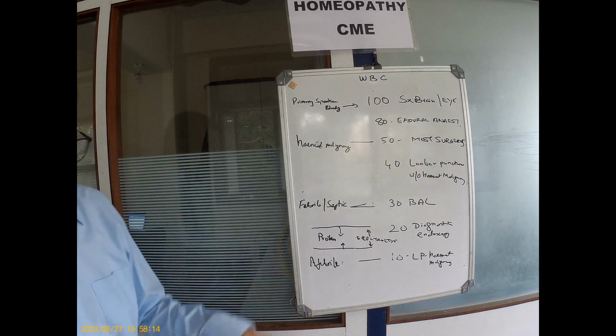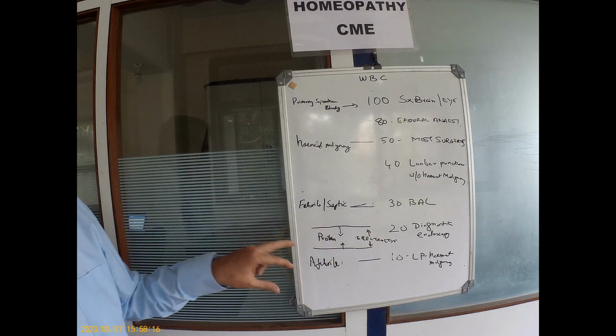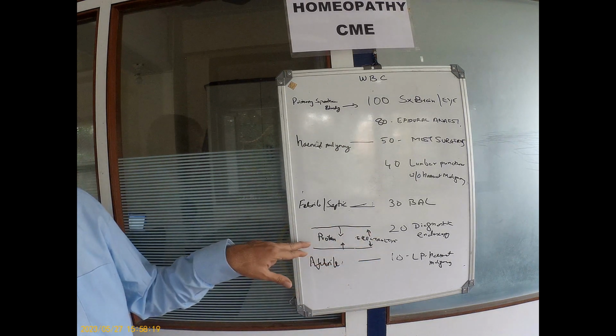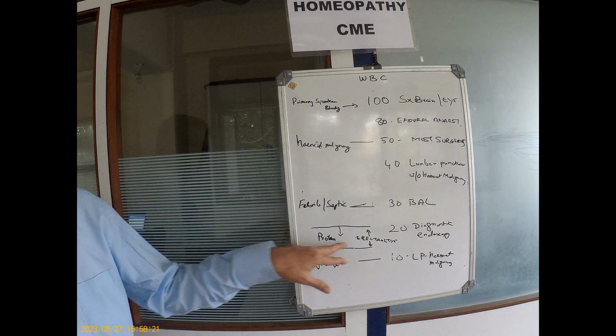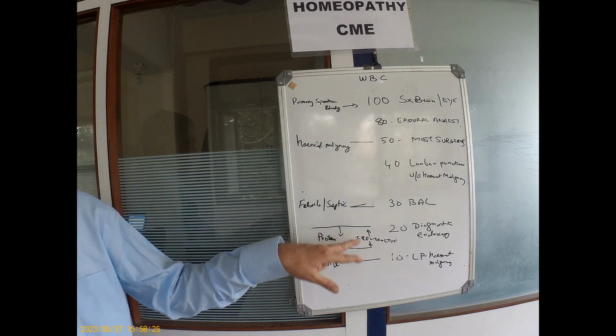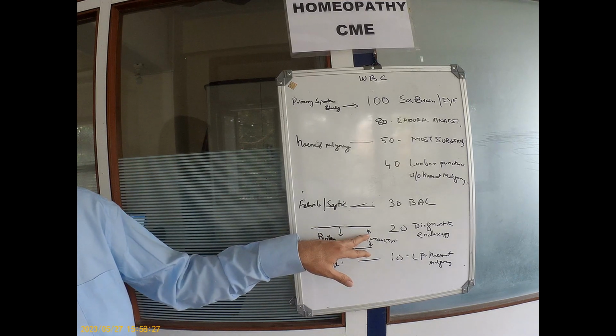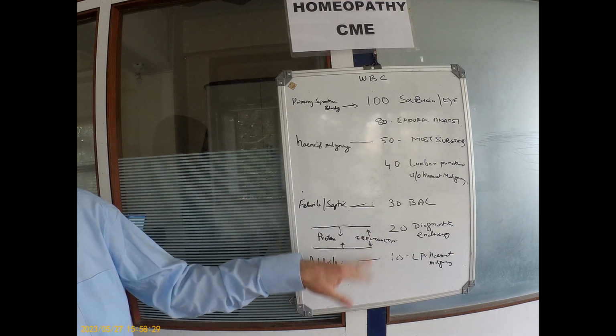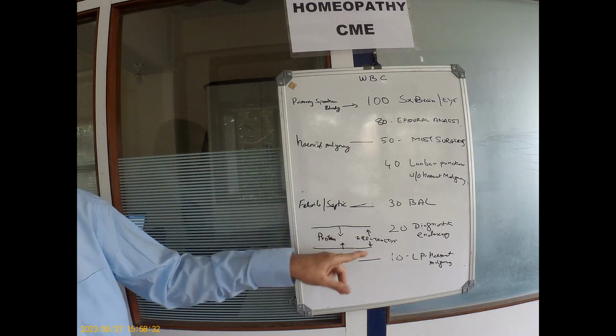Now what actually drives all these things are the blood vessels. The electrolytes or crystalloids like sodium, potassium, chlorides and all that are the ones which will push the fluid out of the blood vessel.